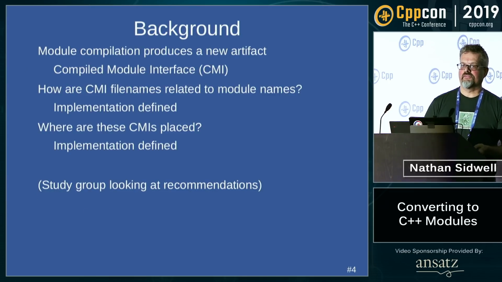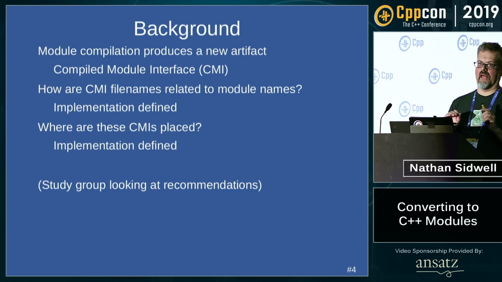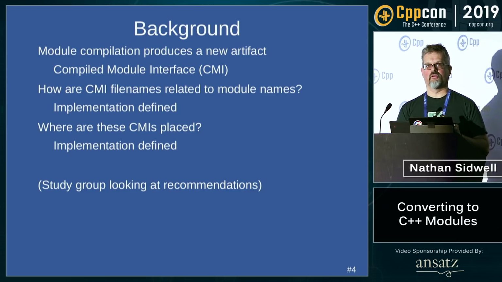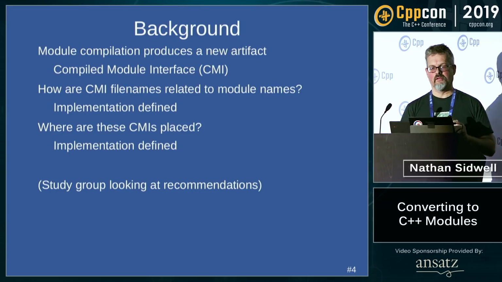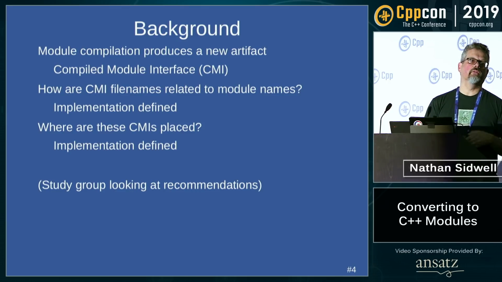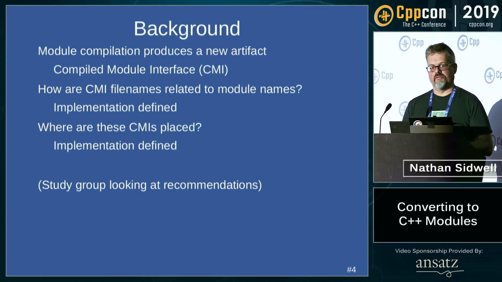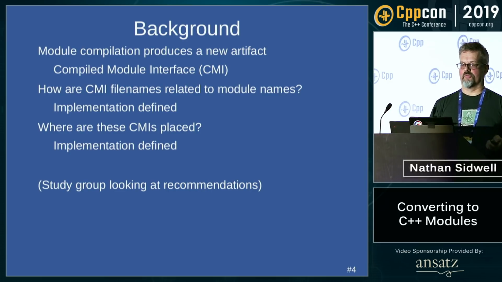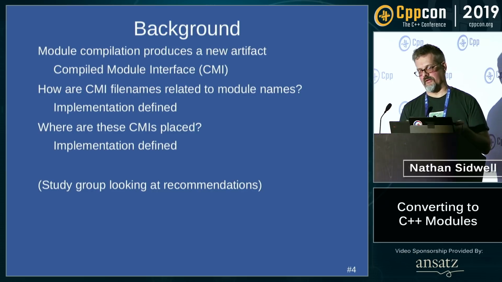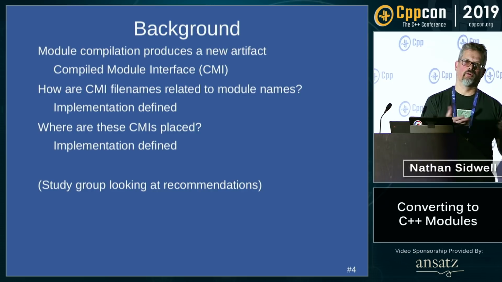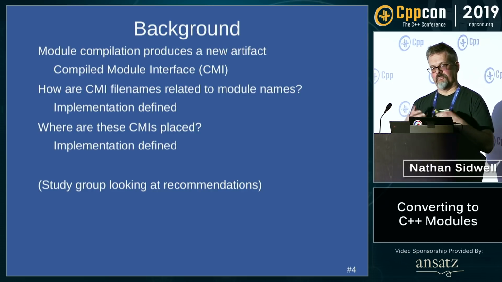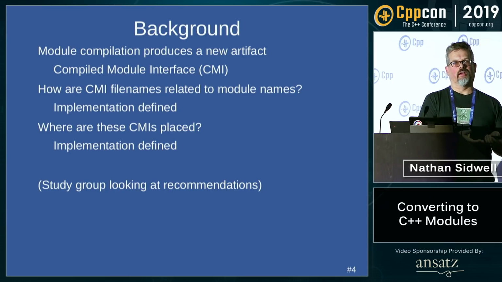Okay, so a bit of background. This is a bit that Gabby covered in his talk, and Boris covered a bit in his talk this morning: when you build a module, you get an object file, but you also get this new artifact called a compiled module interface. It's also called a BMI, a binary module interface, but it might not be a binary. But whatever. You get this new artifact that we have to teach the build system about so it knows dependencies between things.